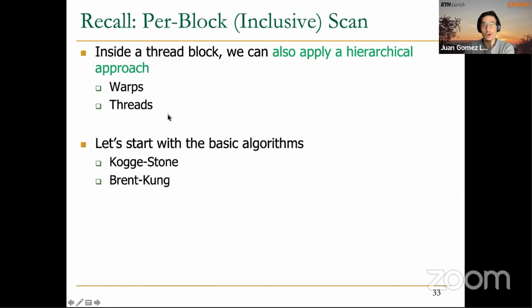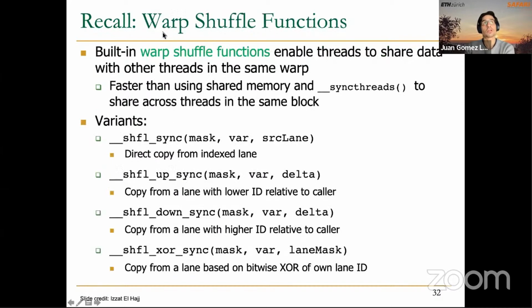And when it comes to using warps, remember that there are some functions that appeared in the Kepler architecture, actually, of NVIDIA GPUs, that are the warp shuffle functions that allow us to communicate threads executing inside the same warp without having to use shared memory and having to use syncthreads.